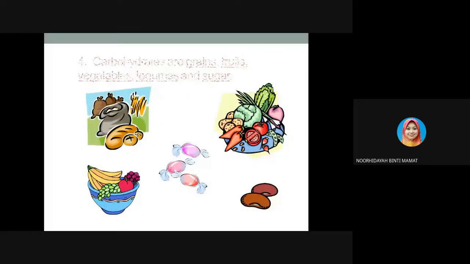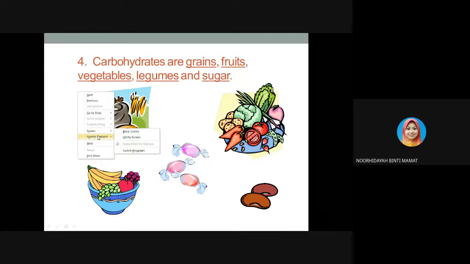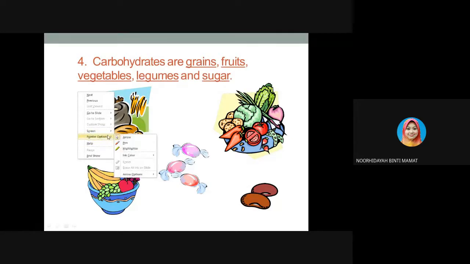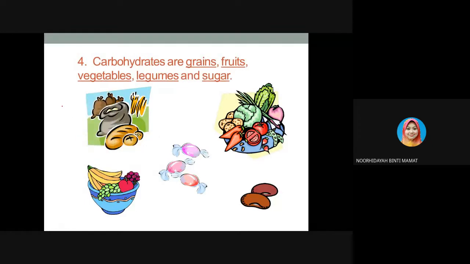So these are the examples of the carbohydrates, which are nutrients that are frequently used as energy. When we talk about carbohydrate, we always talk about energy as an energy source. They are also fast acting and turn into energy as soon as they are digested or ingested into our body.